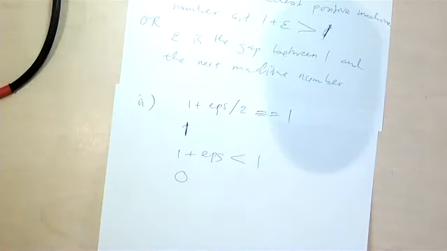Question: does the computer round up? So if I say 1 plus 3/4 of epsilon is greater than 1, will that work? Well, you can check. I think so. Check MATLAB. It says 1, so it's correct.